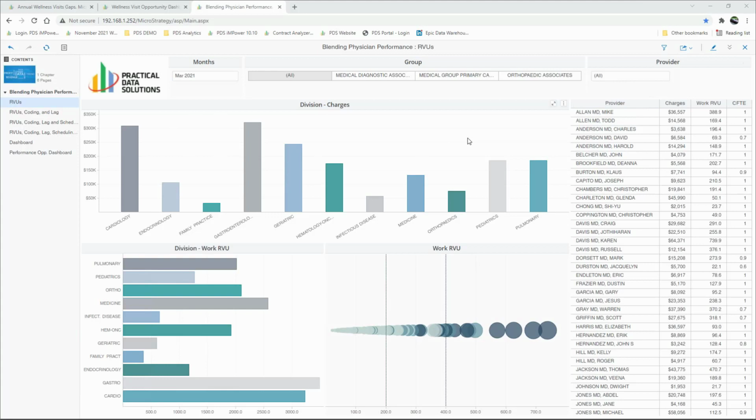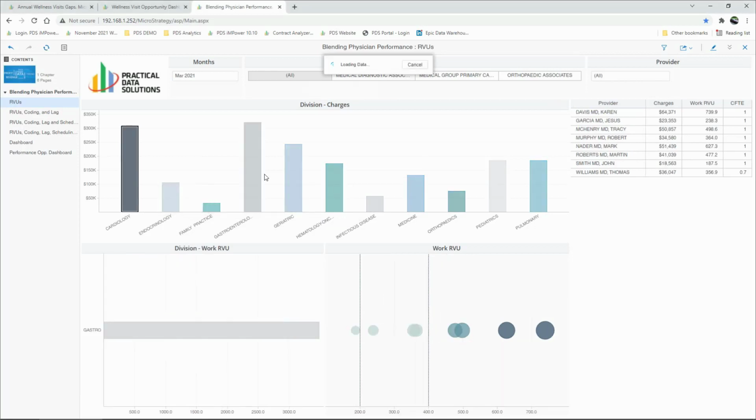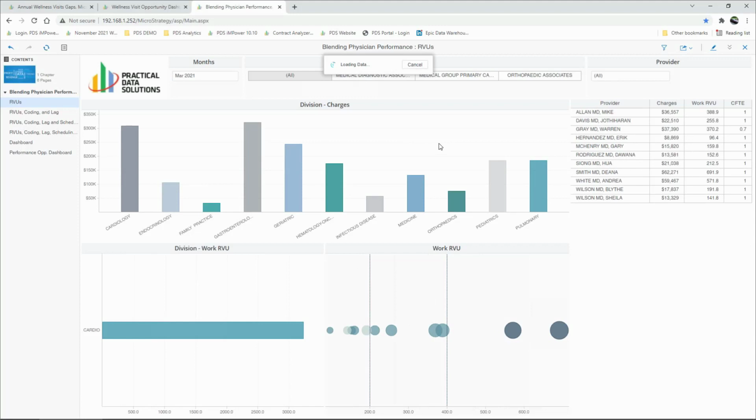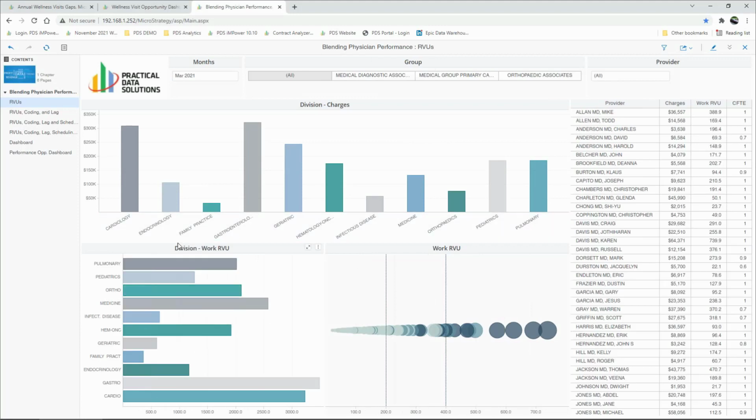So the first panel in our web dashboard here has just divisional charges, so we can easily click and identify which providers are contributing and where the charges sit. We also have the divisional RVUs, so we can start to see who's producing the most RVUs. We've also brought in the physicians and benchmarked them, and we've built some static benchmarks at 200 and 400 average RVUs per month.